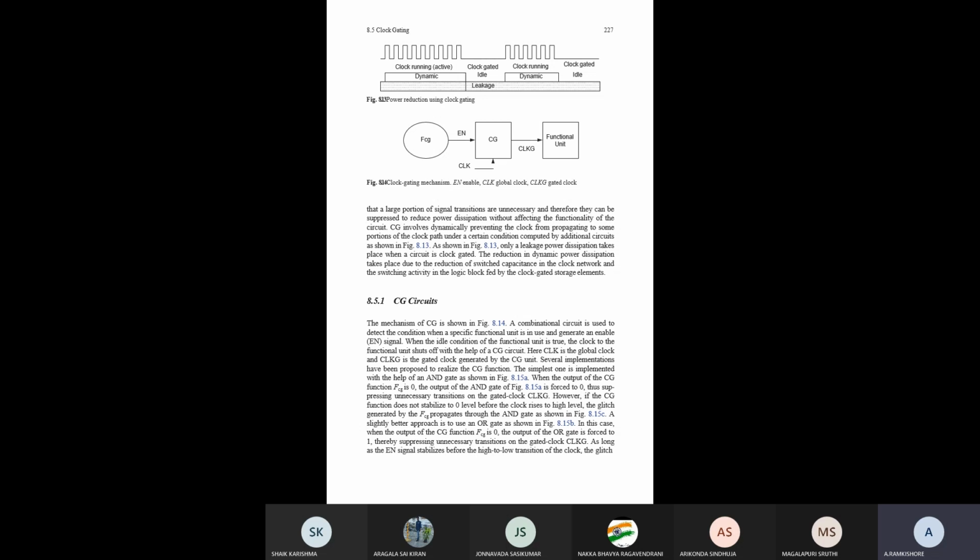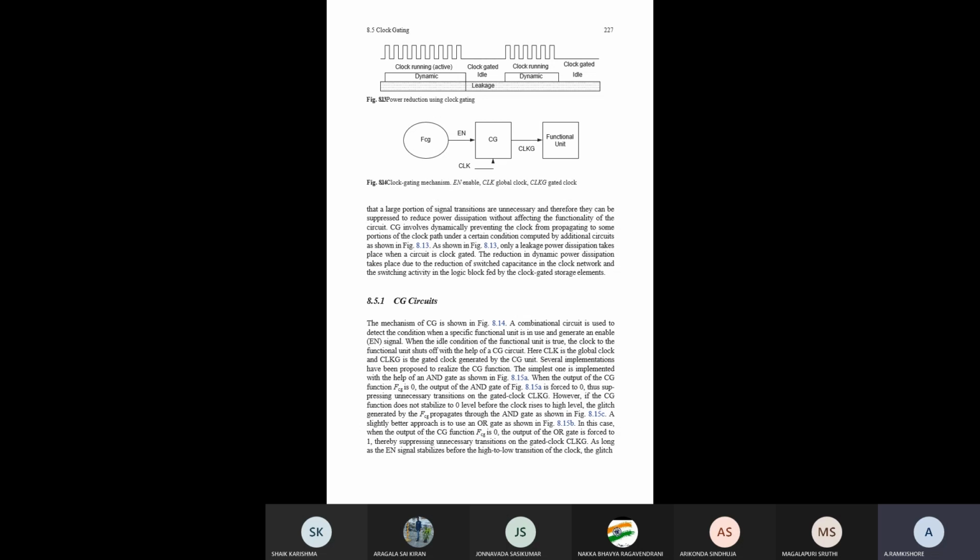We have a clock running active signal in the above part. Whenever the clock running signal is in active mode, the dynamic power dissipation of the circuit will be reduced.